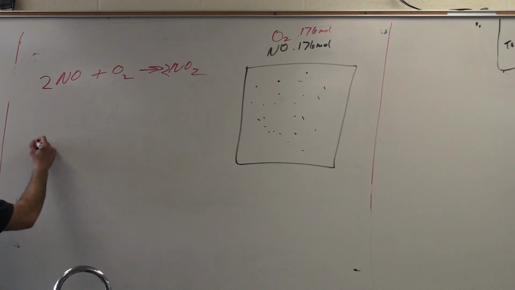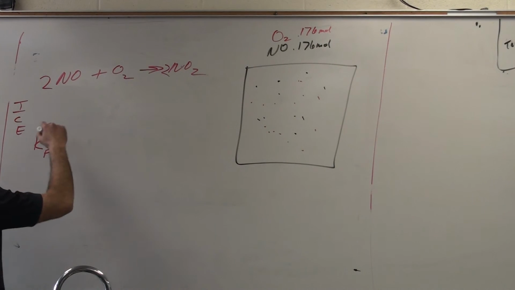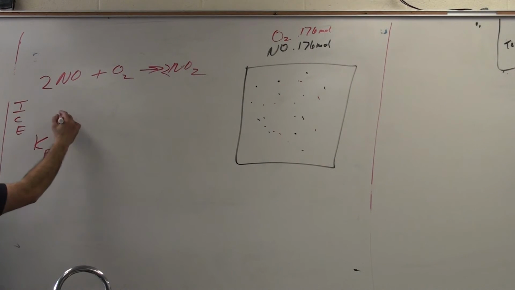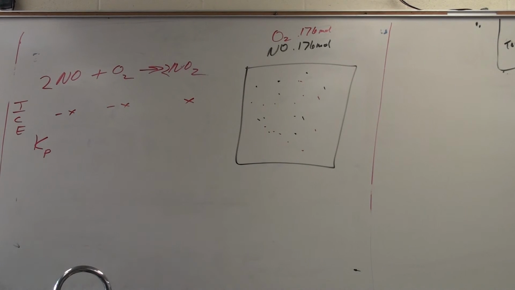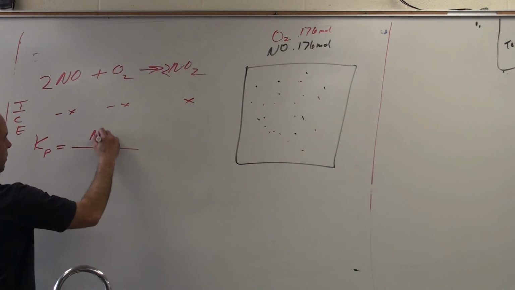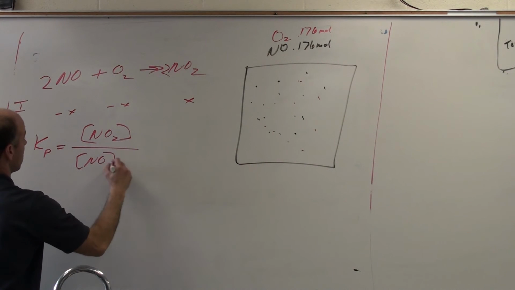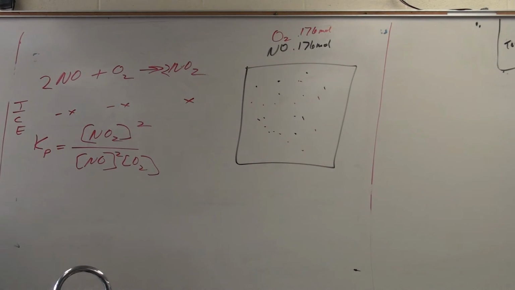If they gave us a KP, we'd have to do an ICE table and do our concentrations and shift and find the equilibrium concentrations. We have to do that if they gave us a K value for this reaction. They did not give us a K value.